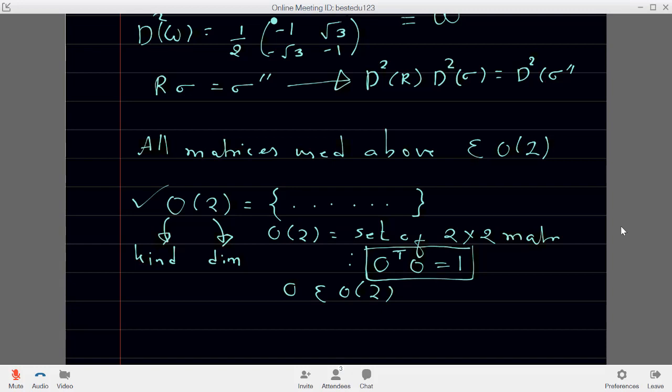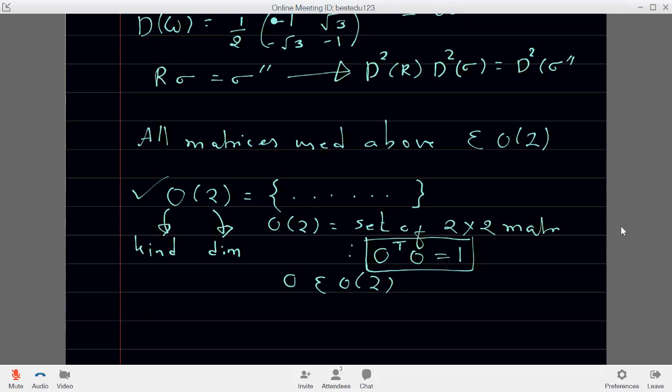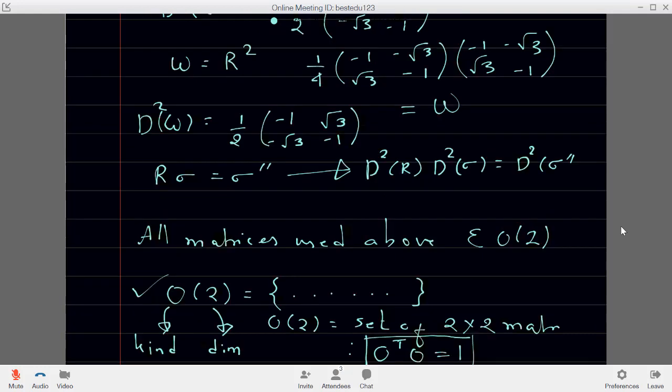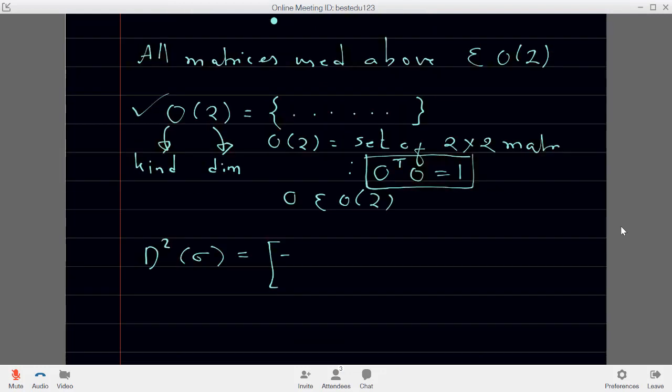Just take any one of the matrices, form the transpose and multiply. The simplest example is D2 sigma. D2 sigma was -1 0 0 1. What will be the transpose of D2 sigma? You'll get -1 0 0 1, so the transpose is the same.